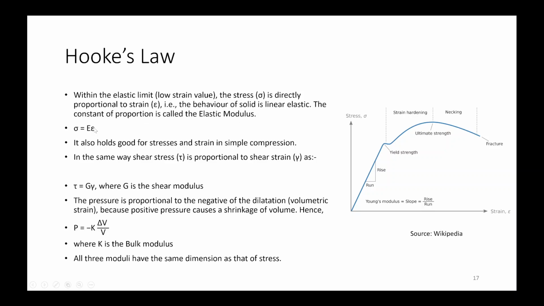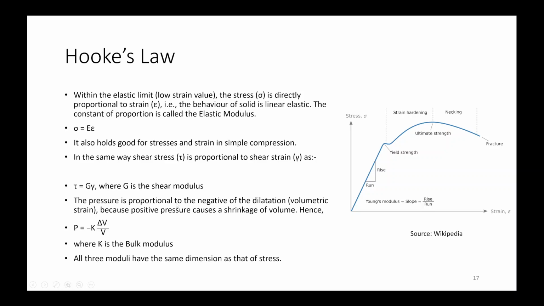So sigma is proportional to epsilon, with a proportionality constant capital E, known as the elastic modulus. It also holds for stress and strain in simple compression, and in the same way for shear stress. Shear stress has the symbol tau, and it is proportional to shear strain, gamma, as tau equals G times gamma, where G is the shear modulus.